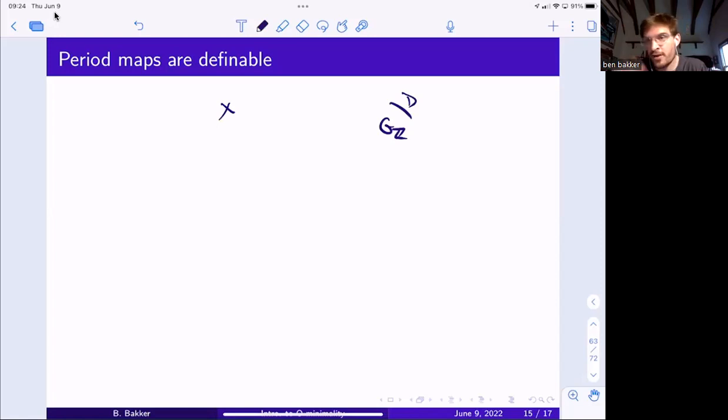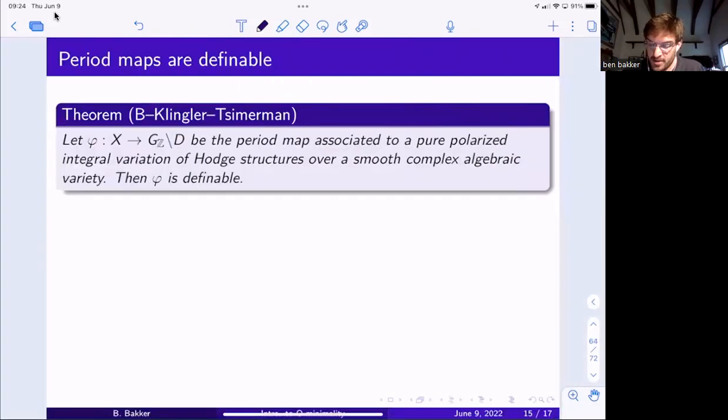And for any pure polarized integral variation of Hodge structures, we have an associated analytic map from X to D mod GZ, just given by the period map. And the theorem is that with respect to these definable structures, the period map associated to any pure polarized integral variation of Hodge structures is definable.